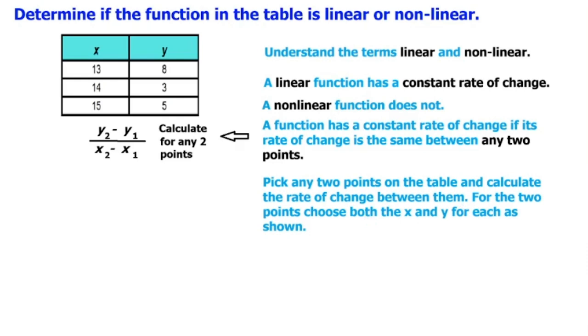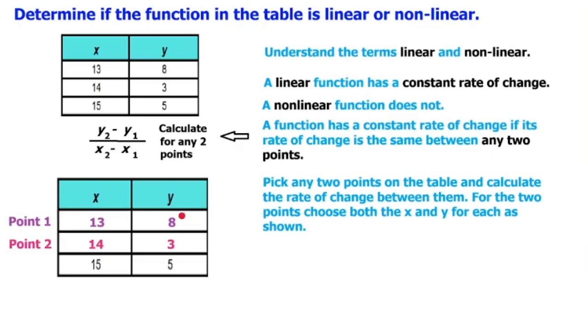So let's see what it's going to tell us next. So we're going to pick these. These are the ones we're going to pick. Okay? Point 1 is 13 and 8. 13 is x, y is 8. Point 2, x is 14, y is 3. So let's use that equation up there to calculate the rate of change.